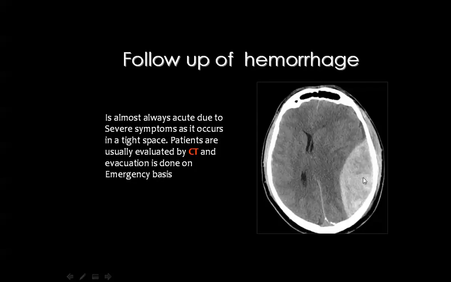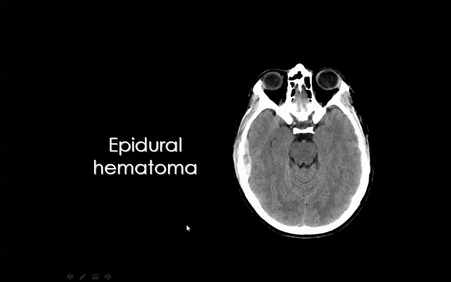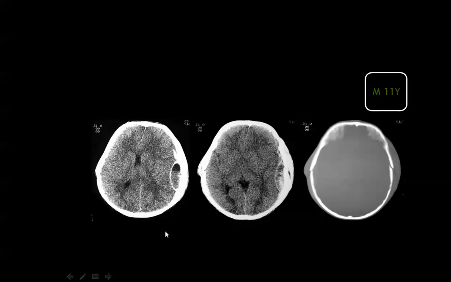This epidural hematoma will usually be discovered in the acute phase, and it is rapidly evacuated because of the severe symptoms resulting from this huge blood in this very tight space. Then an epidural hematoma, if it is small, can be left to resolve, and at that time you can see the hematoma in the acute phase, and after some time you will see it in the subacute phase, and later on you will see it in the chronic phase.